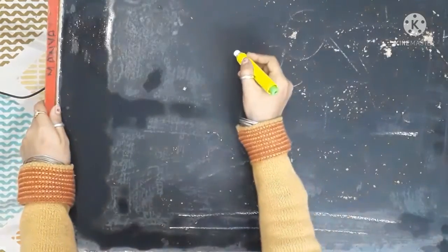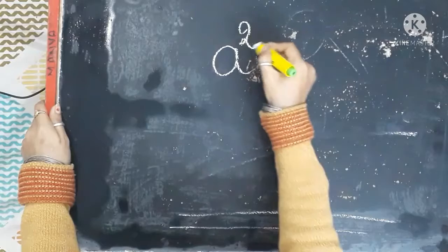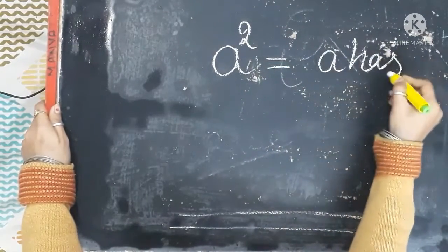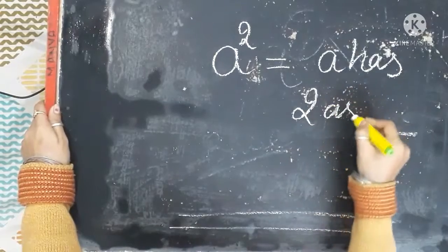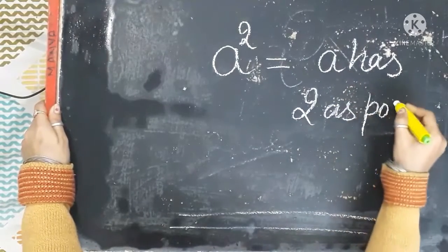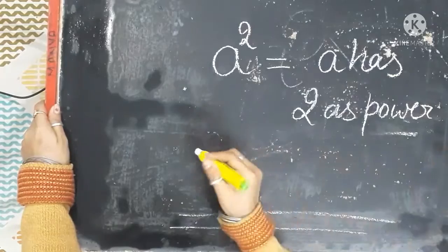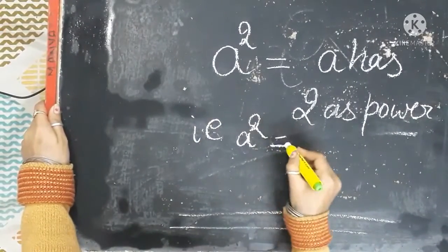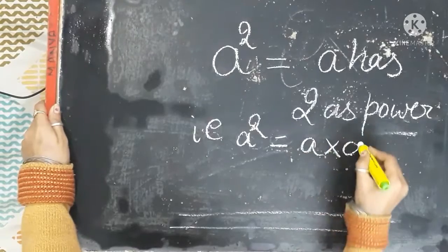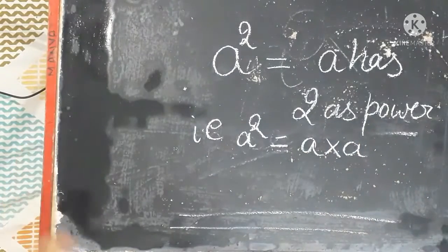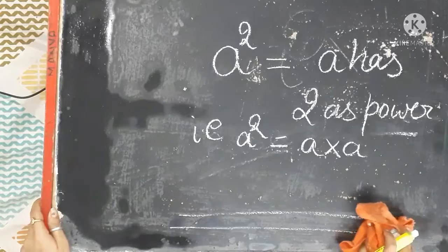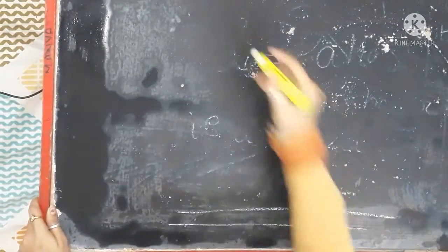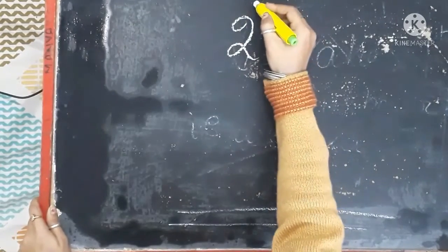Now we'll see what exactly the thing is. If I say a raised to the power 2, that means a has 2 as power. That means a raised to the power 2 is equal to a multiplied by a. We'll learn this with an example. Let's say 2 raised to the power 3.